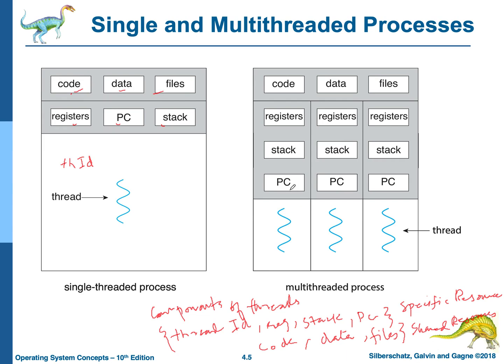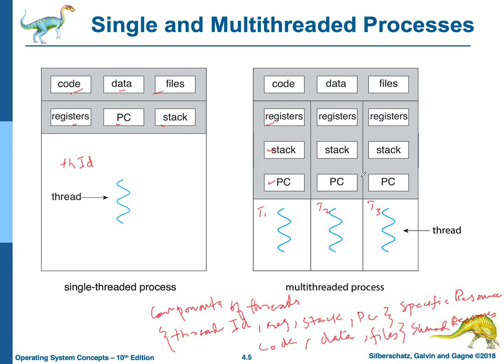While in multi-thread programming we have thread IDs, let's say T1, T2, and T3, each with a program counter, stack, and registers.